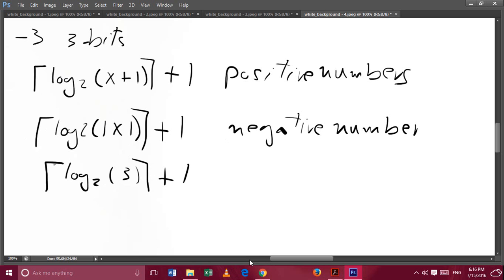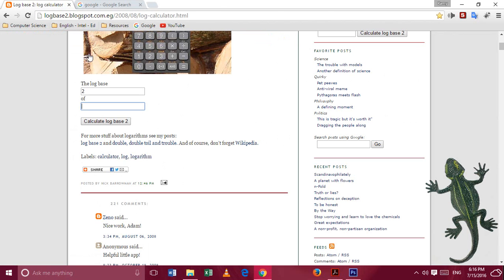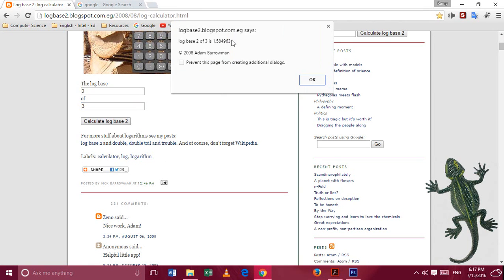So what is log base 2 of 3? It is 1.5, right?